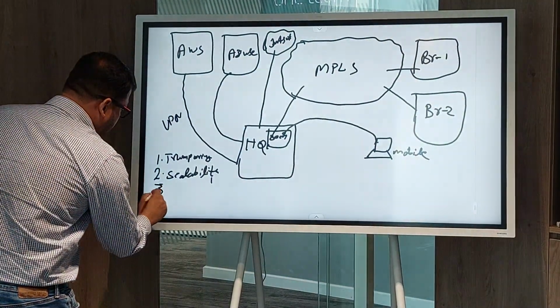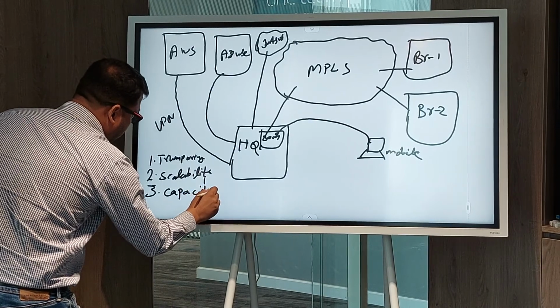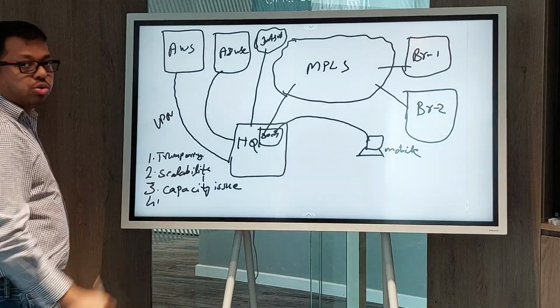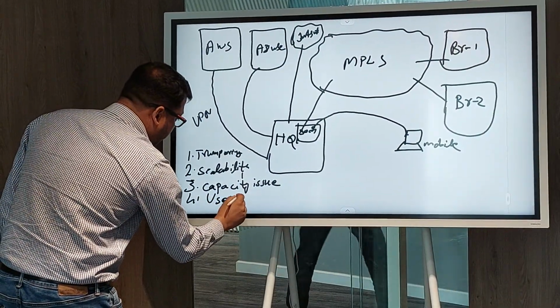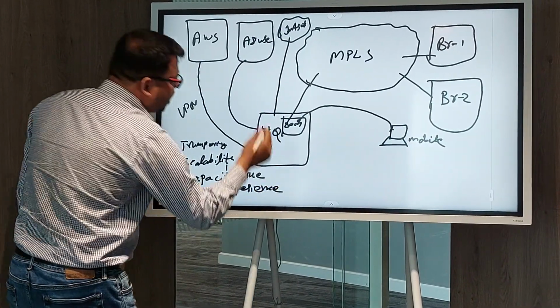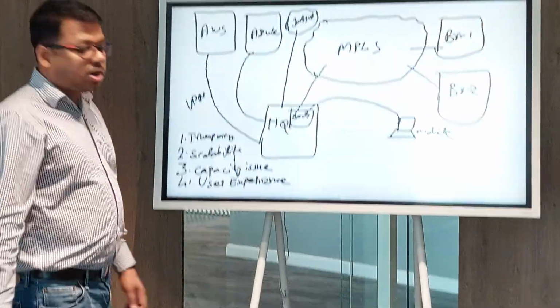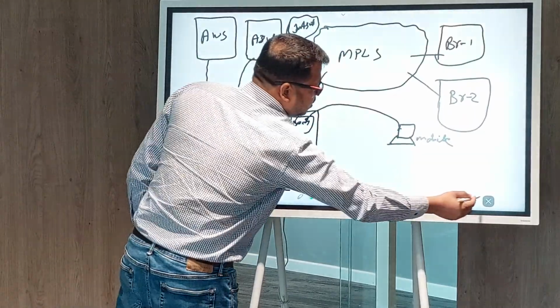Then the third one is capacity issues. Fourth one, of course, the user experience, right? So these are the issues we are facing in the traditional corporate network architecture. So how Prisma Access resolves this? Let's see that.